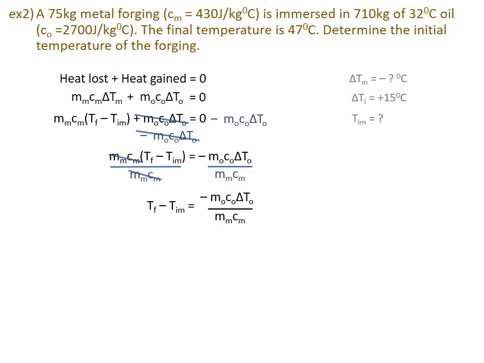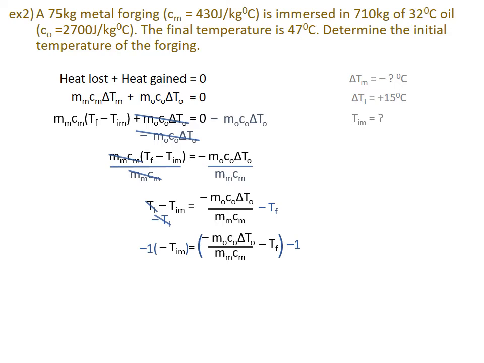Now again, to get Tim by itself, I'm going to have to move TF. TF is adding to negative Tim, so I'm going to subtract TF from both sides. On the left-hand side, TF subtract TF, those guys will cancel out, and I have negative Tim. But I don't want Tim to be so negative, so I have to turn him into a positive. I'm going to do that by multiplying both sides by -1. That means I multiply the entire left side and the entire right side by -1.